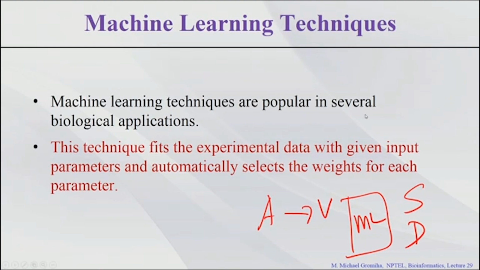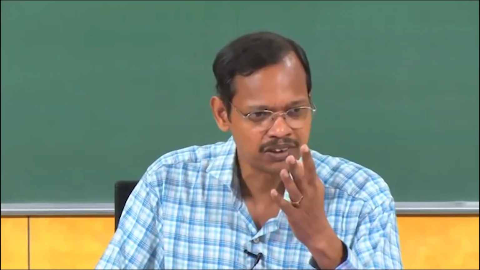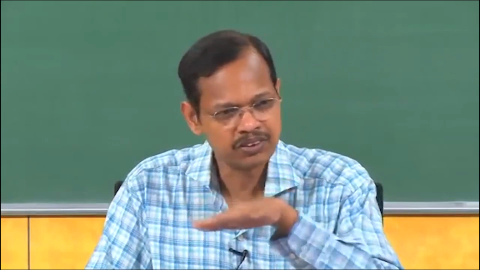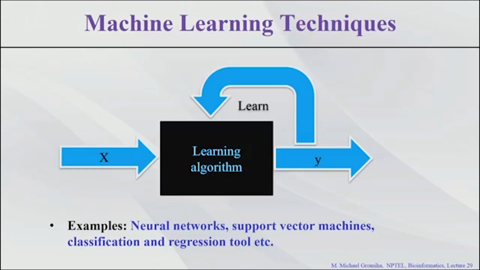They are very popular in several biological applications, because machine learning techniques work far better than the statistical methods, so the performance is also very high. How does it work? For example, this is the x, the input, and here is the output. This is the learning algorithm, your machine learning technique, for example, neural networks or support vector machines, or classification and regression tools and so on.